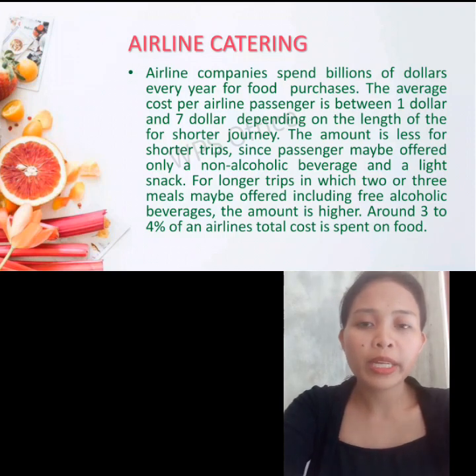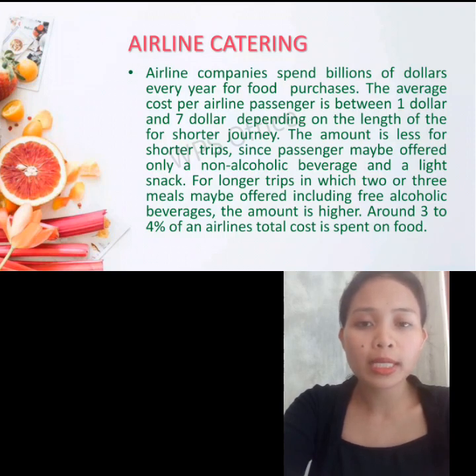So, airline catering is a significant expense for airline companies, with billions of dollars spent annually on food purchases. The cost per airline passenger varies depending on the length of the journey. On shorter trips, the average cost per passenger ranges from $1 to $7. These shorter flights typically offer passengers a non-alcoholic beverage and a light snack.